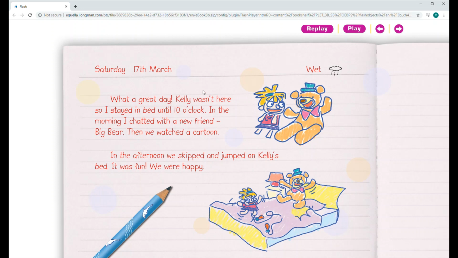And also you can observe some past tense in the diary entry, such as wasn't, stayed, chatted, watched, skipped, jumped, was, and were. You may use a highlighter or a color pencil to circle or underline the past tense in the diary entry.